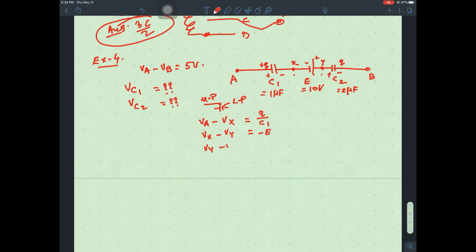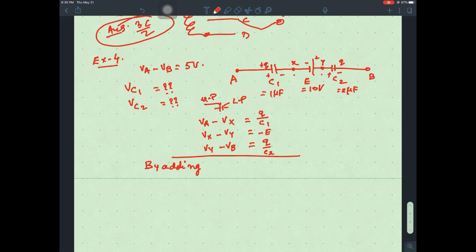Vy minus Vb equals how much? Again potential drop. Vy is higher potential, Vb is lower because this is plus, and so it is Q by C2.